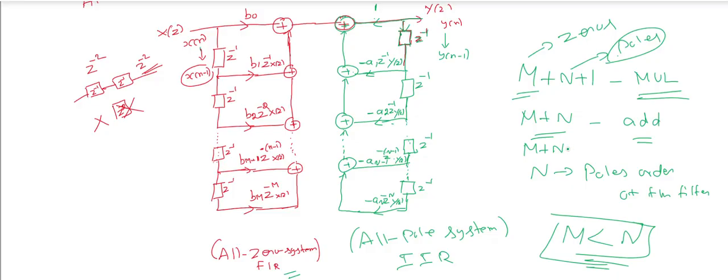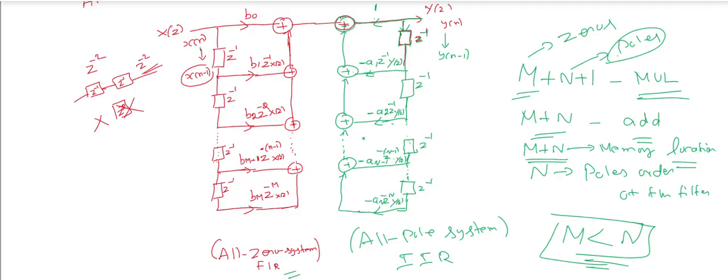So how many memory locations? See, 1, 2. So M delay elements, here N delay elements. So M plus N delay elements are memory locations. The delay elements and memory locations are needed to realize the system.